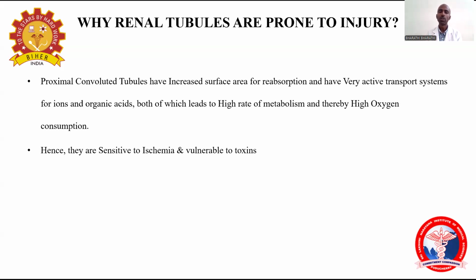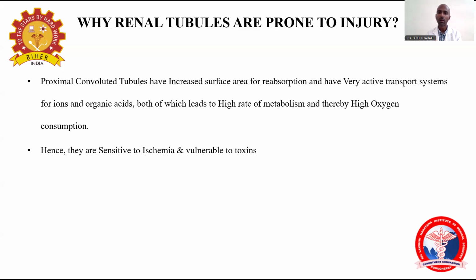So the proximal convoluted tubule has increased surface area for reabsorption and has a very active transport system for ions and organic acids. This results in a high rate of metabolism, and thereby it also has a high oxygen demand. So it consumes a large amount of oxygen.